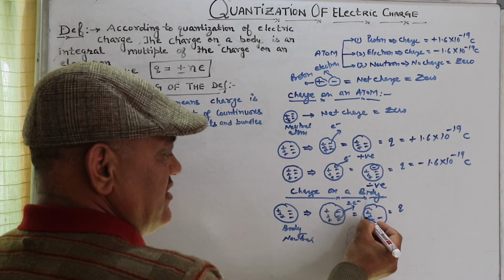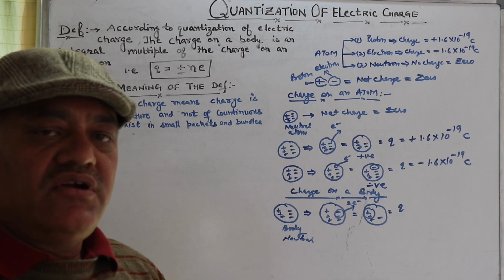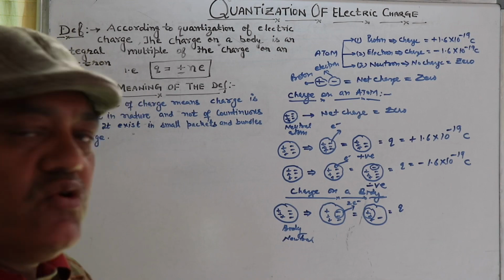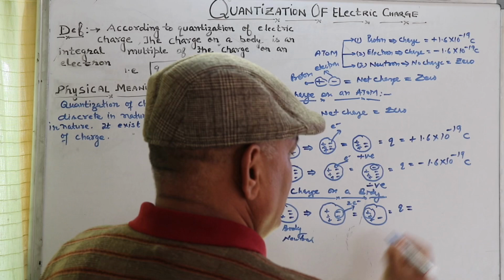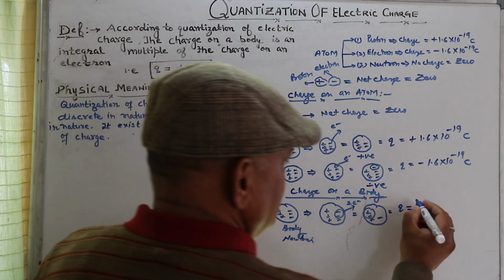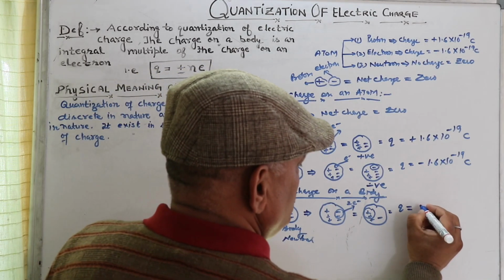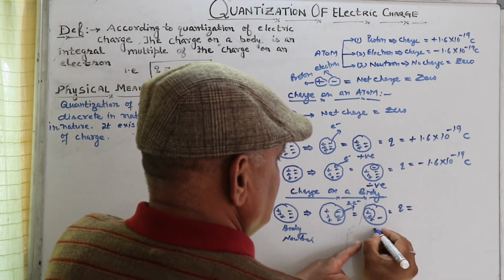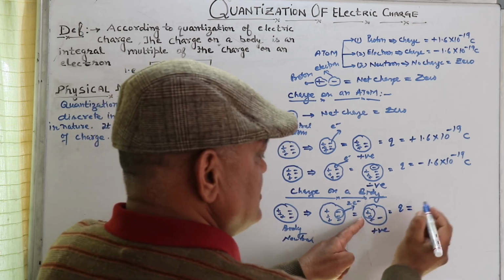So here we have 2 protons left inside the body which cannot be neutralized, and due to these 2 protons, this body has charge Q. The charge on this body is positive, and this charge is due to these 2 protons.